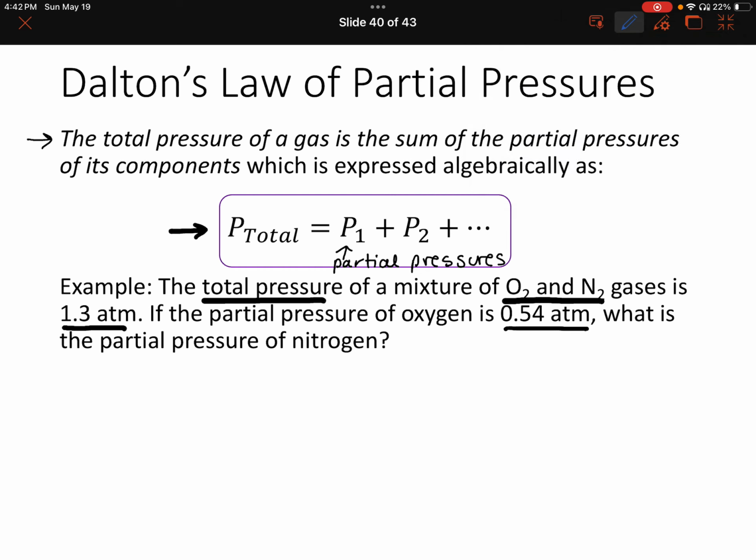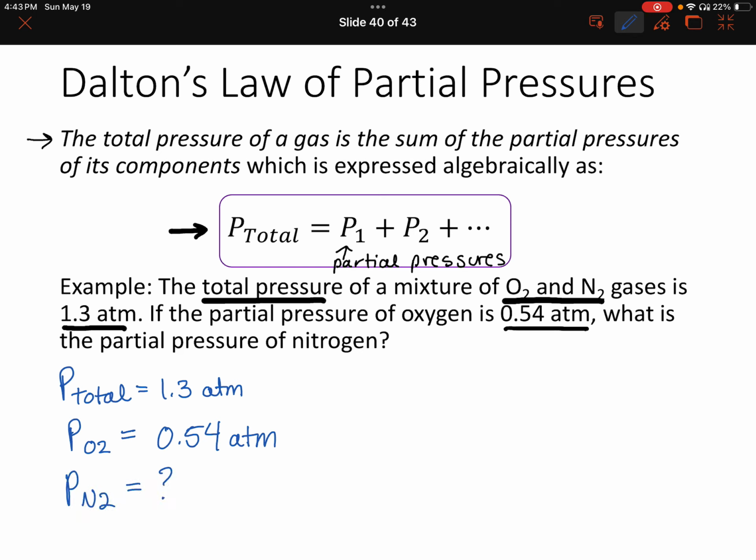We're told that the total pressure is 1.3 atmospheres, so that'll be the pressure of the mixture. But we're told that the pressure of just oxygen on its own, so its partial pressure, is 0.54 atmospheres. And we want to figure out what is the pressure of just nitrogen.